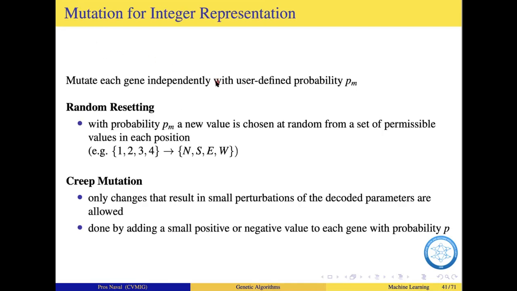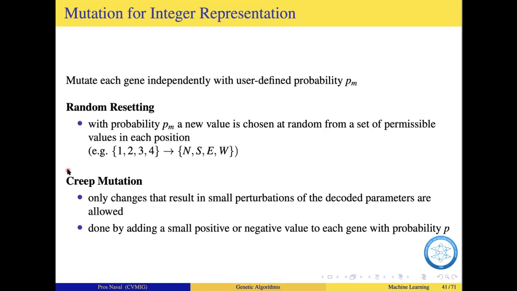Now for integer representation, we mutate each gene independently with user-defined probability PM. So there are two ways of doing that. Random resetting. With probability PM, a new value is chosen at random from a set of permissible values in each position. So if there are just 4 possible values, north, south, east, west, with probability PM, we just choose any of these values.